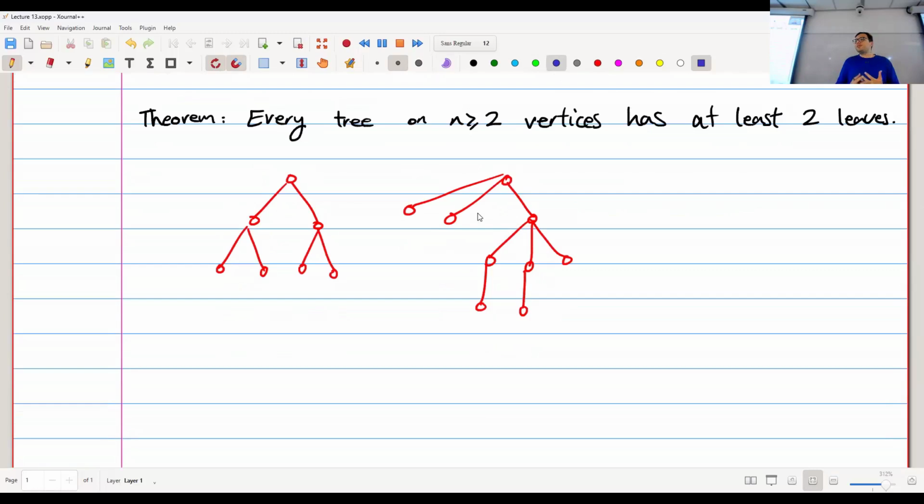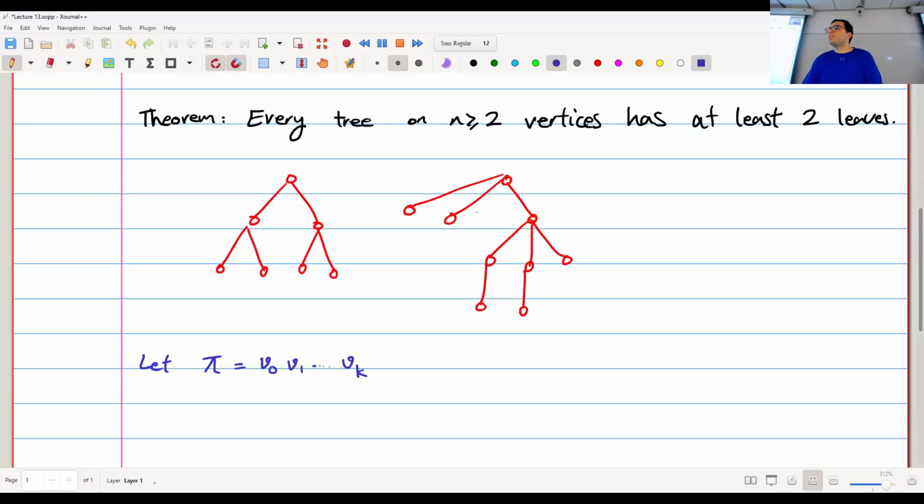Again, it's not unique, so I cannot say look at the longest path, but I can say take one of the possible longest paths. So let's call it P, which starts at some V0, goes to V1, so on to Vk.